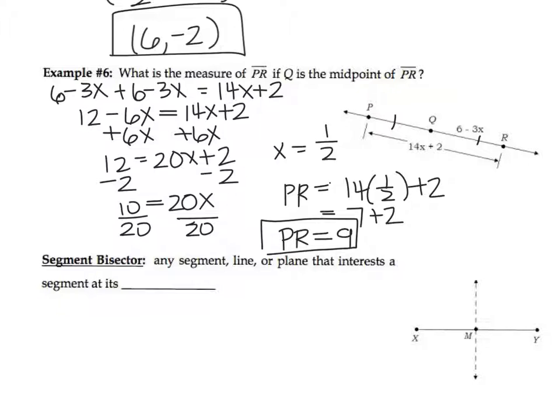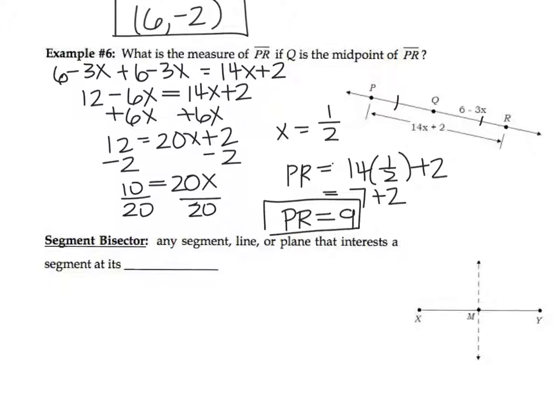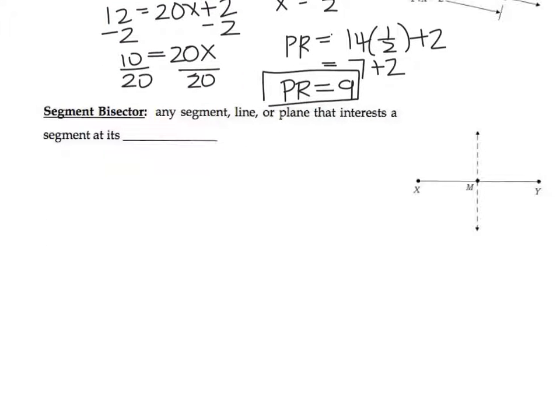So this leads us into our last definition, which is about a segment bisector. A segment bisector is any segment, line, or plane that intersects a segment at its midpoint. So if we look at our segment XY, we have a line going through point M, and we're going to call that line going through point M the segment bisector.